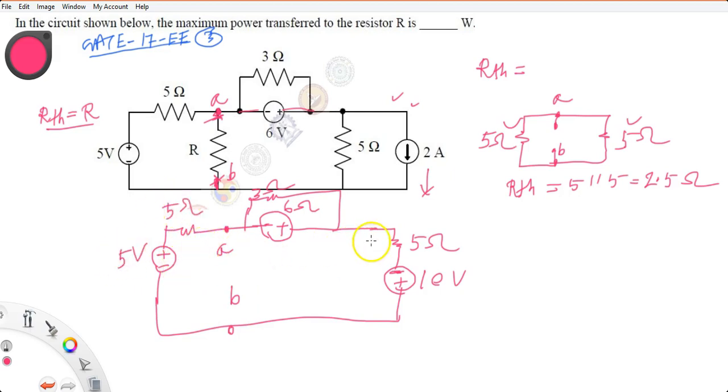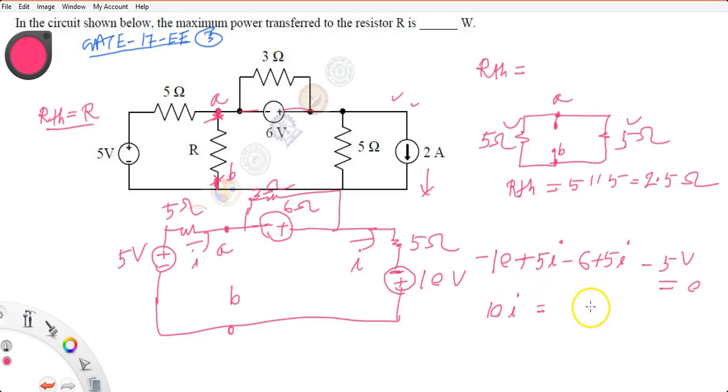Let the current flowing here be I. So the same current will be I. Put a KVL here. Minus 10 equal to 5I, here minus 6 volt plus 5I, then minus 5 volt equal to 0. Then you have 10I is equal to 21.